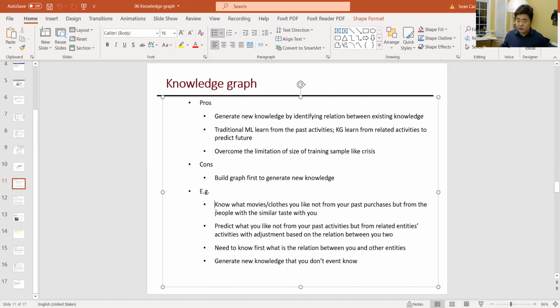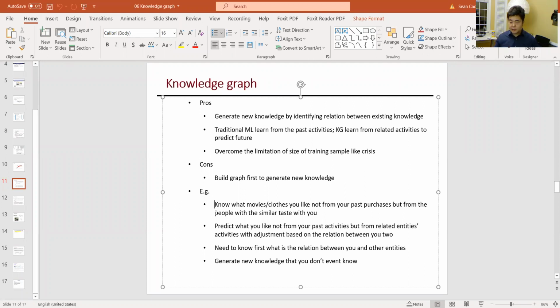Even though I have no past history of watching movies, by identifying someone who has shared a similar movie taste with me, I can get some recommendation, even if I never watched any movies. And the key here is, how do I know the person has a similar taste to me? That's the key part of the knowledge graph.